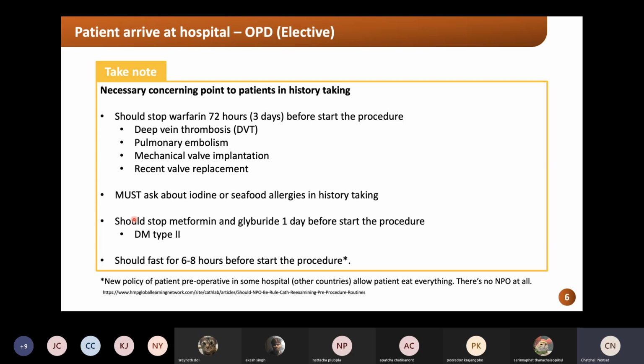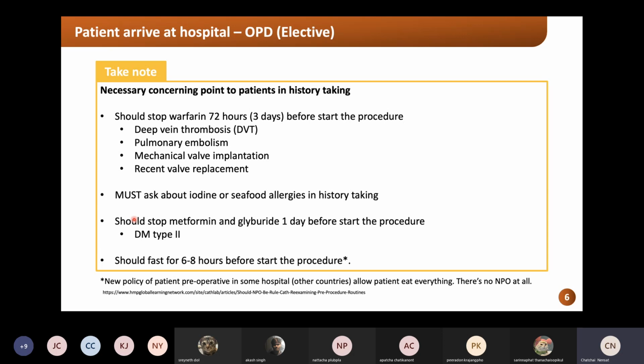But on the other hand, in the recent guidelines, some interventional cardiologists prefer not to stop the patient from eating. The patient has the right to eat before the procedure, and aspiration in a patient whose stomach is full is rare, not generally found in the cath lab.